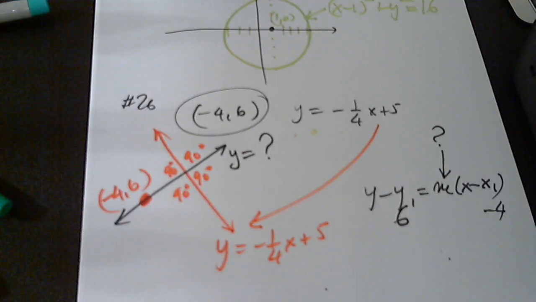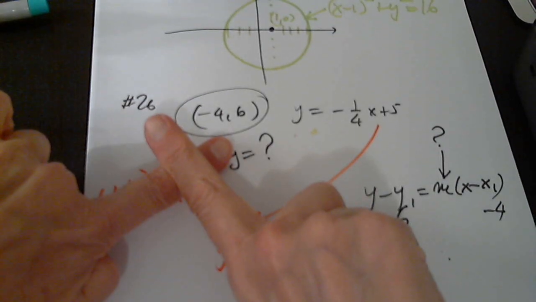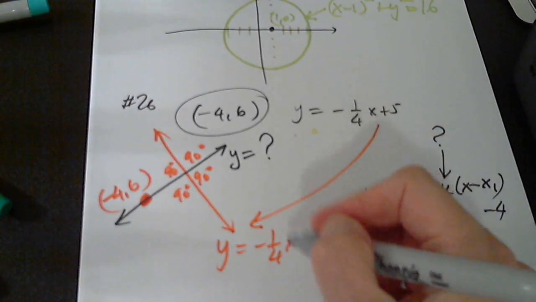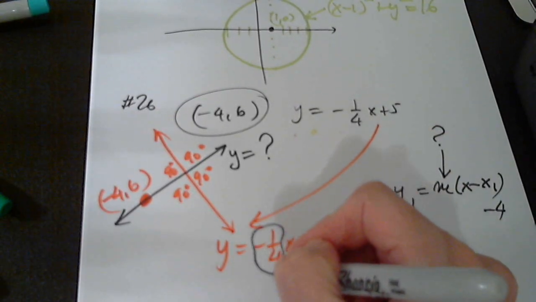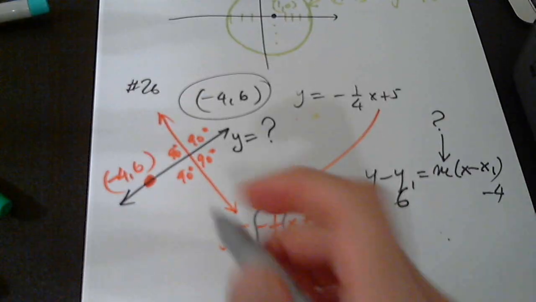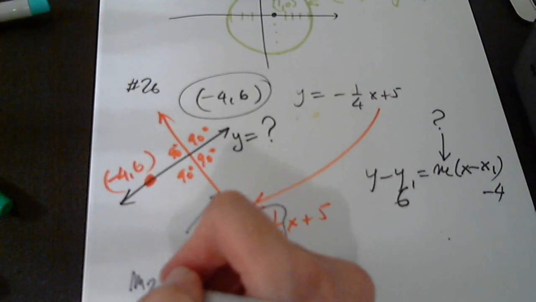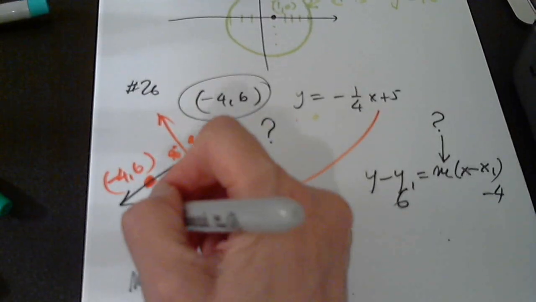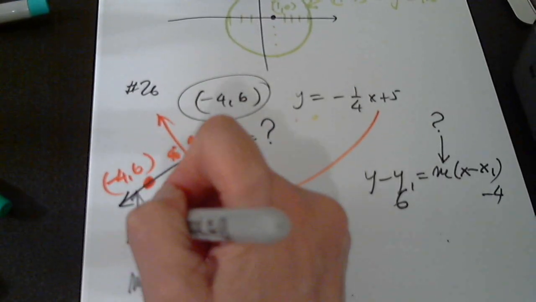Now I have to think, how do I determine the slope of this line knowing that these are perpendicular? Nothing simple. We flip these, right? First I already have identified the slope of the given line. Let's call it m sub 2, negative 1/4. Now how do I determine m sub 1?